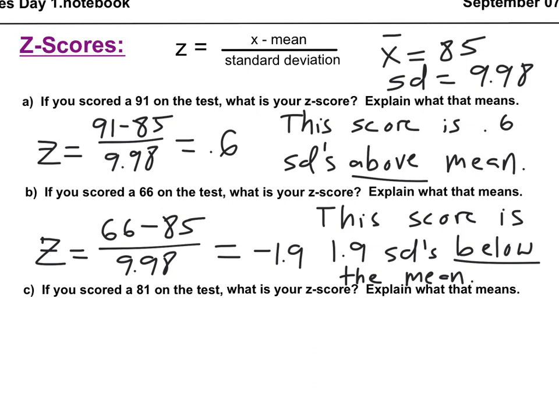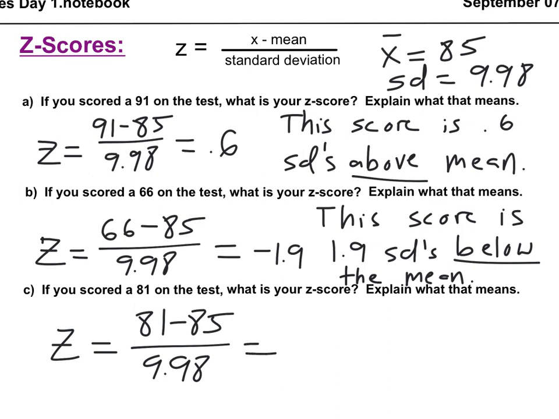And one more just for good measure. Once you calculate a lot of Z-scores, you start to be able to kind of anticipate what they're going to be. This one's going to be negative, but just barely. It's slightly below the mean.